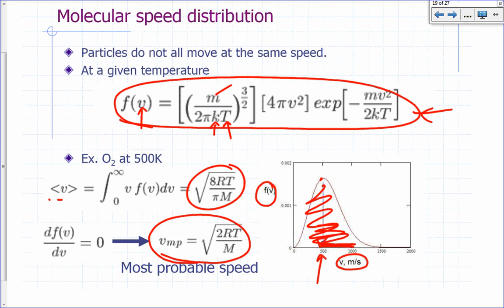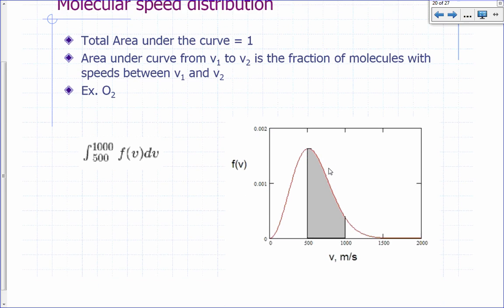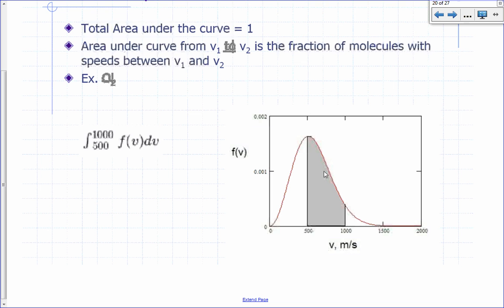The total area under the curve is 1. So if you want to know, for example, what fraction of the molecules have speeds between V1 and V2, let's say V1 is 500 and V2 is 1,000 meters per second, I figure out this area right here.